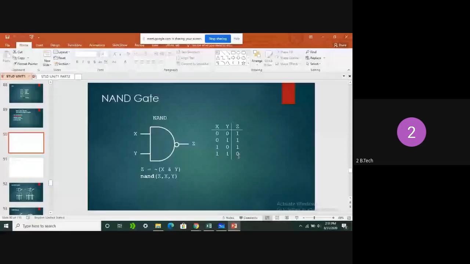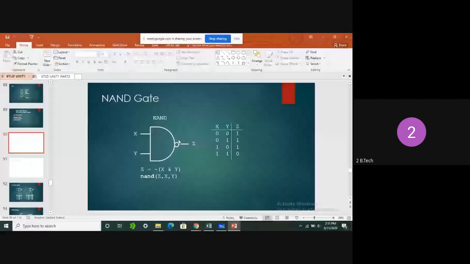But in the NAND gate it is the reverse of AND. See there, at the output a bubble is there. The bubble always indicates the NOT operation. So where 1 came, at the output terminal 0 will be represented, and if 0 is there, 1 will be presented. Clear, all of you?